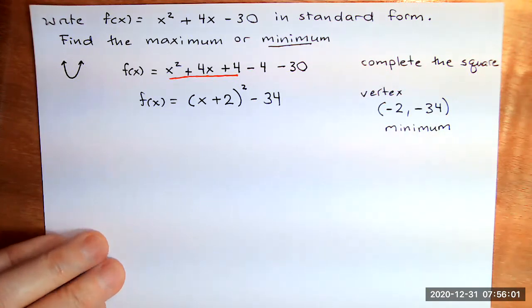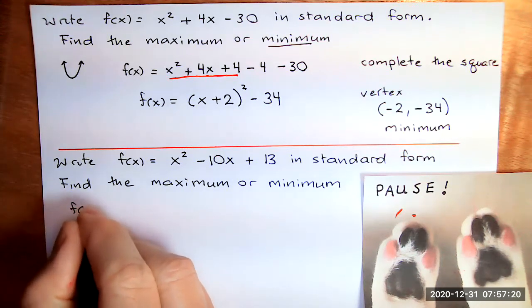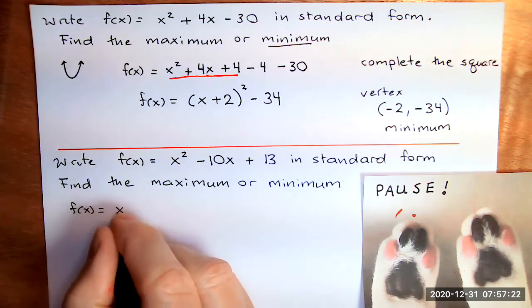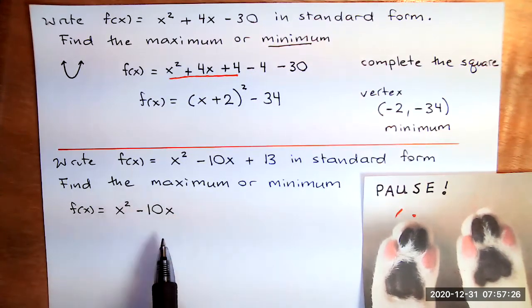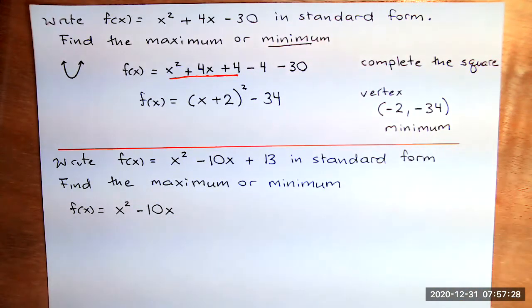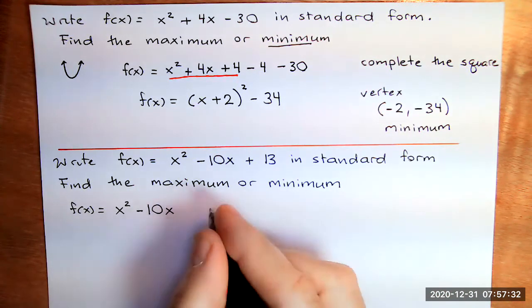All right, let's try another. I would try this one on your own. So we want to take the first two terms here and make a perfect square trinomial by completing the square.